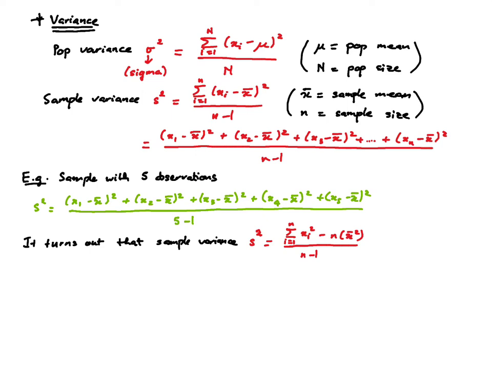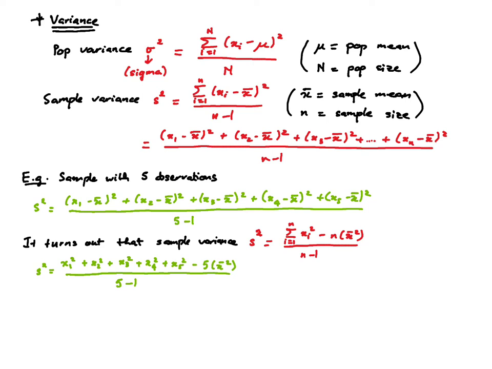So s squared is going to be equal to x1 squared plus x2 squared plus x3 squared plus x4 squared plus x5 squared minus n, which is equal to 5, times the mean square, divided by n minus 1, which is 5 minus 1.